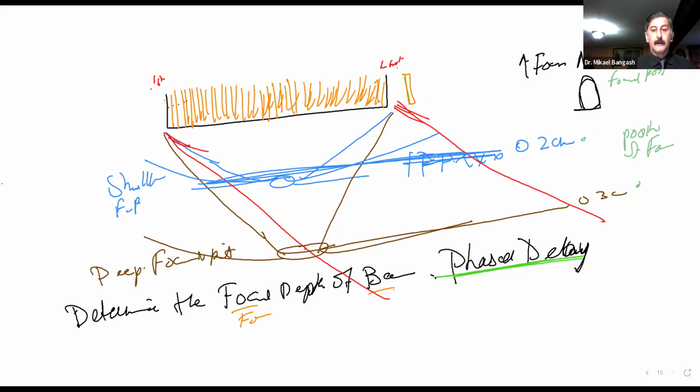And what that is going to do is cause these PCTs to fire off with different phase delays. So for a shallow focus, when we focus at a depth of 2 centimeters, there's going to be a great phase delay.